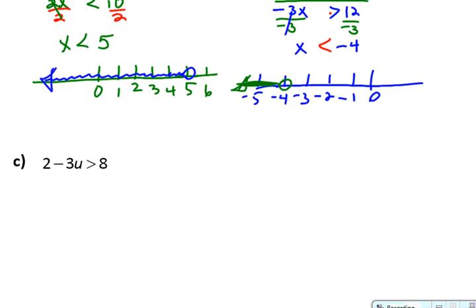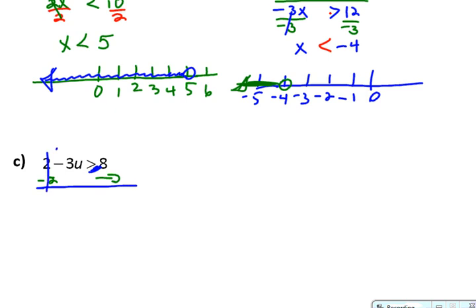C, we have 2 minus 3u is greater than 8. So let's put an equal in here. Let's make this one be greater than or equal to 8. So we're going to solve it. You can do a couple of things. I'll subtract 2 from both sides.